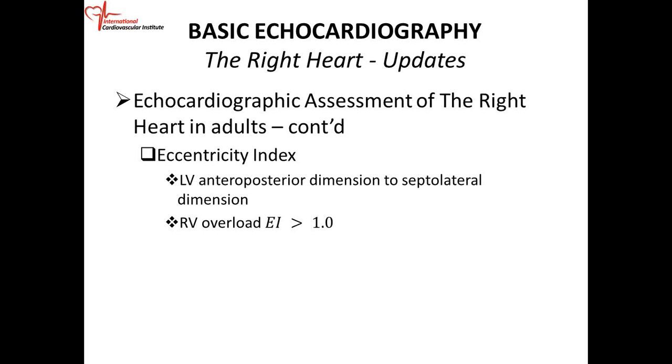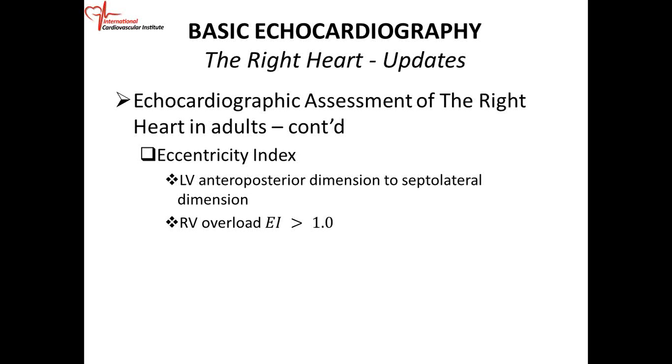However, in RV volume overload, your eccentricity index will be more than 1. So the anterior posterior divided by the septal to lateral dimension is usually more than 1. We don't commonly do this measurement, but that's the eccentricity index.